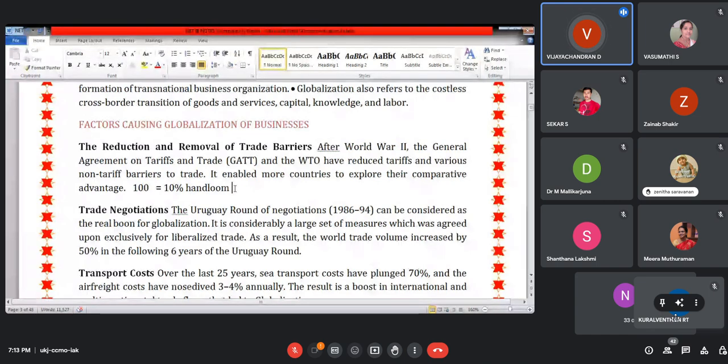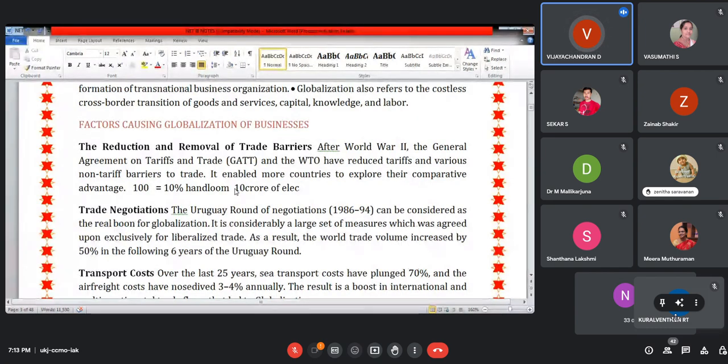So they will fix only 10 crores. You will import only 10 crores of electronic goods. So you will import goods only up to the limit of 10 crores, like that. That limitation will be there. If there is liberalization, if there is no restriction, what happens?